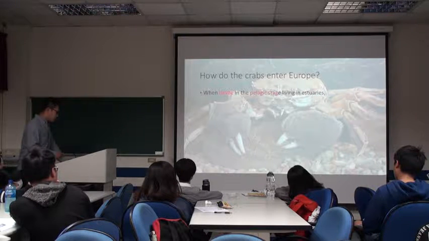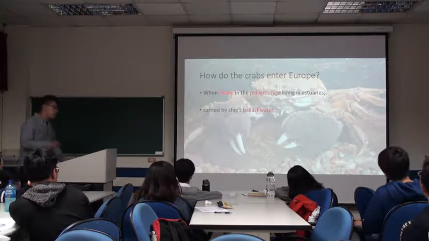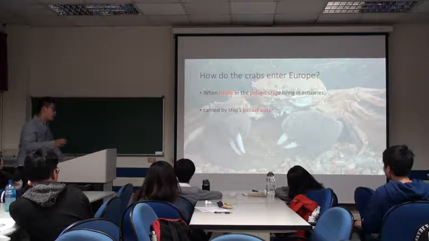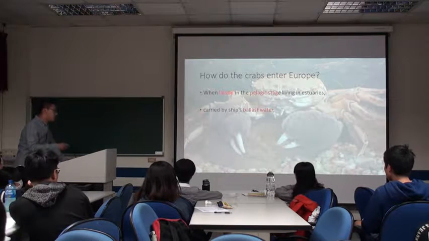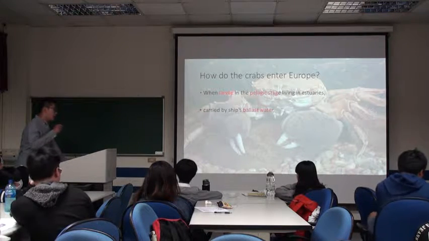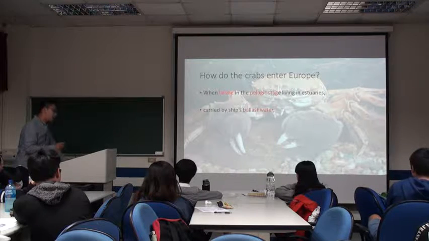When the larvae are in the pelagic stage, they are carried by ships' ballast water. What does ballast water mean? When a big ship carries nothing, no goods, no oil, the ship has to pump in lots of water to keep its weight, to become more stable while sailing in the sea.